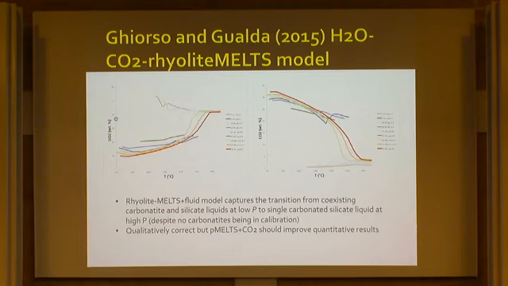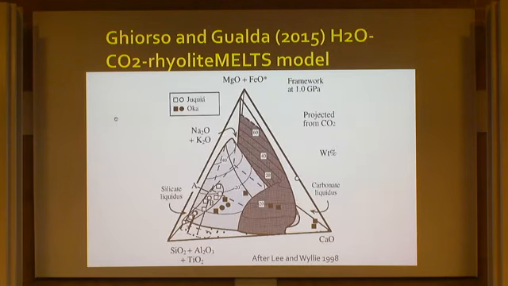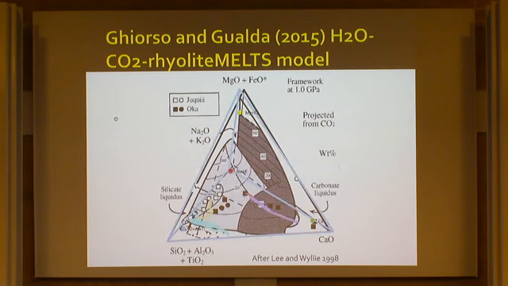By switching to the liquid model that's suitable for higher pressures, we hope we should be able to improve quantitatively. This is just a projection of both the experiment results, and here's the calculations.